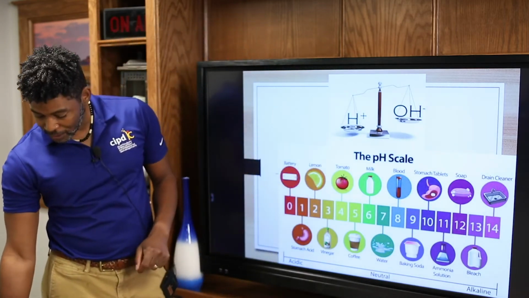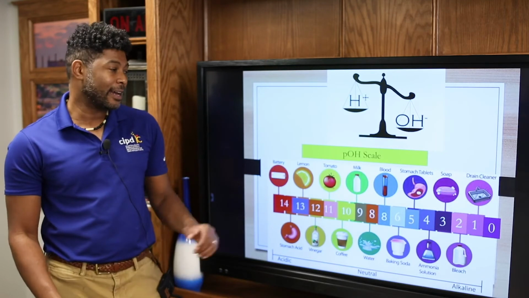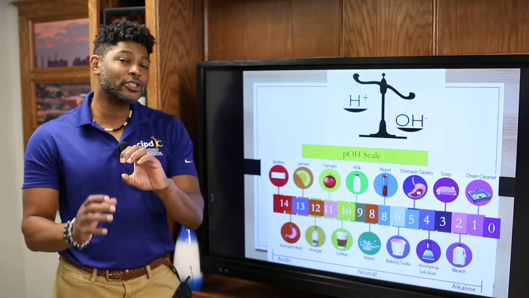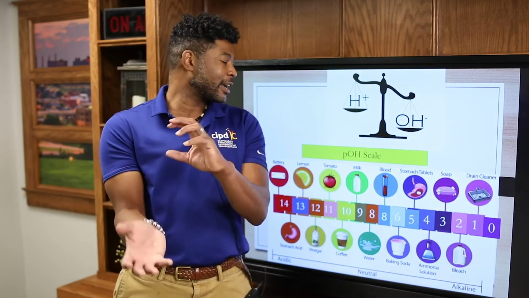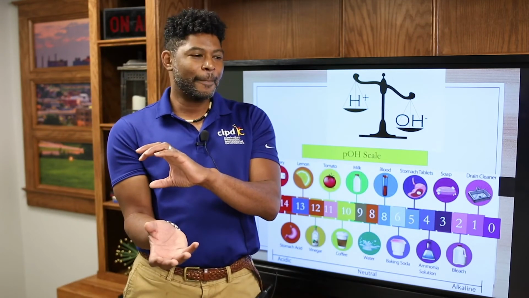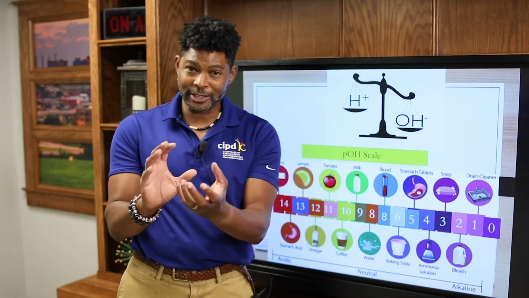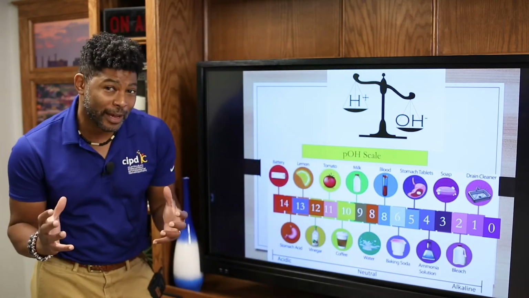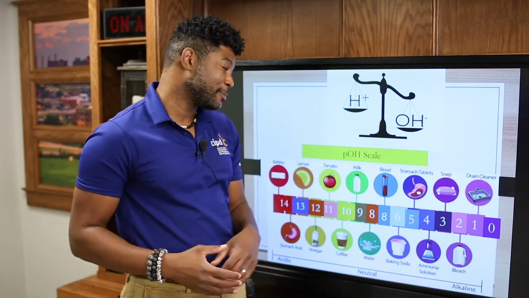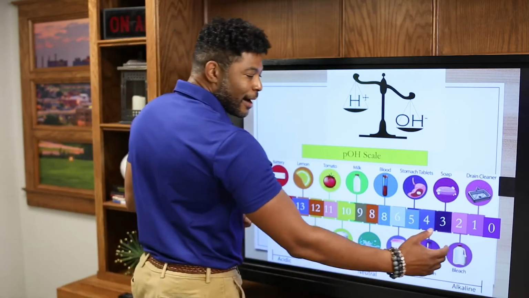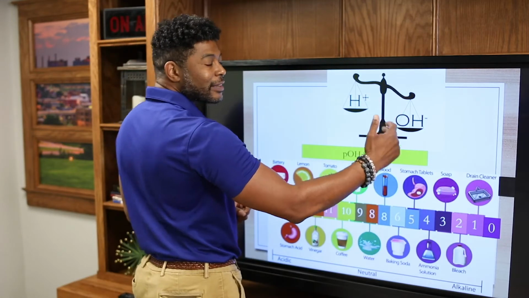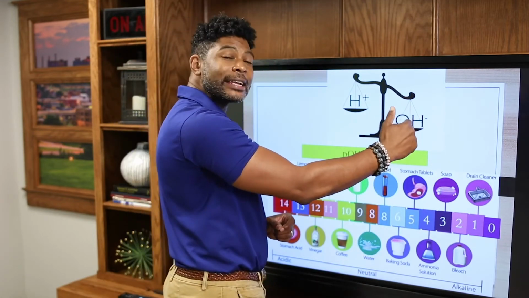Now, again, we're talking about a balance here. So there is an alternative scale, almost like a bizarro world version of pH. It's called pOH. And with pOH in this bizarro world, you find that you would have a lot of OH minus ions.